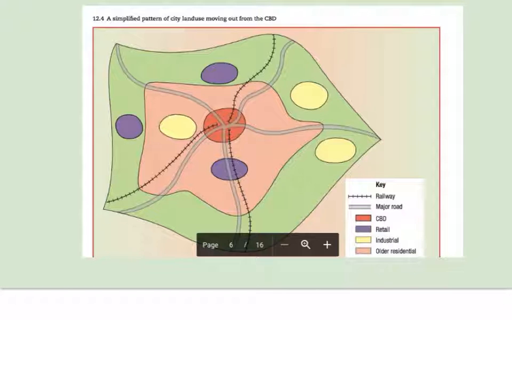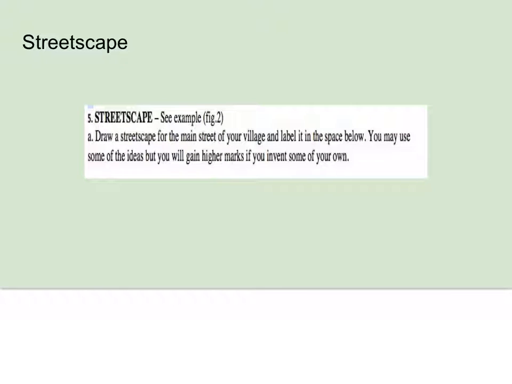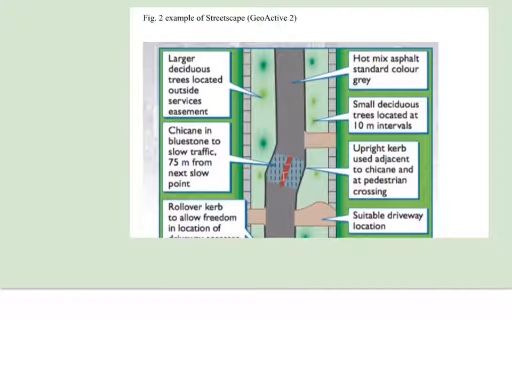So here's figure 3 for us, so that you can have a look at how to do a key. And here is our streetscape question, where you have to look at the streetscape, which is here. And in the space provided, you have to pretend that you're drawing part of your village. It might be the main street of your village.